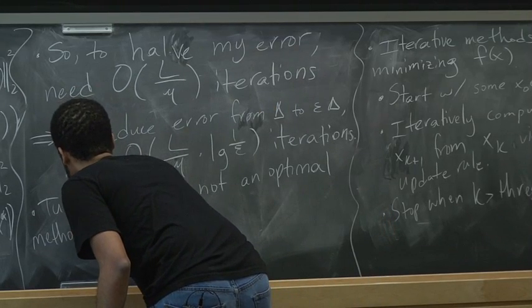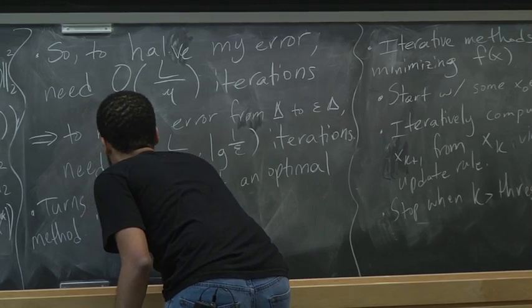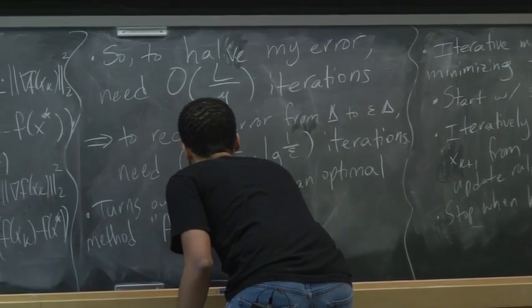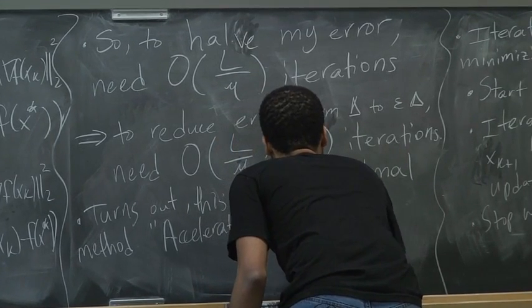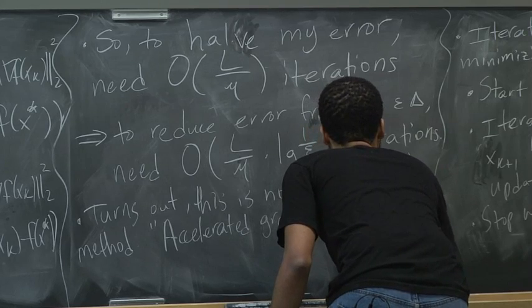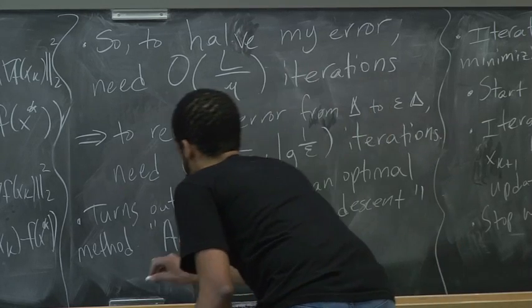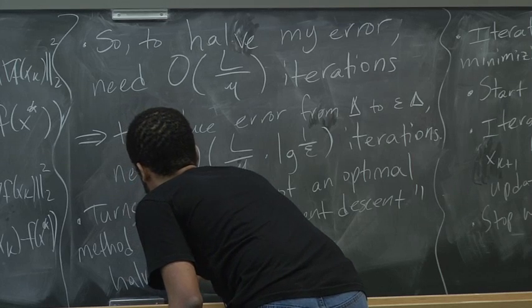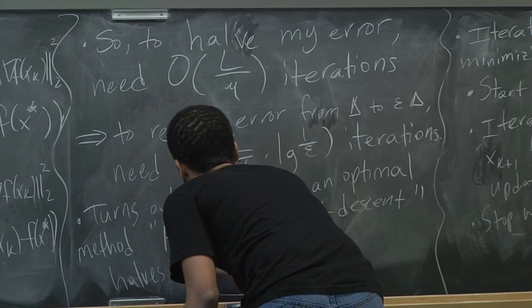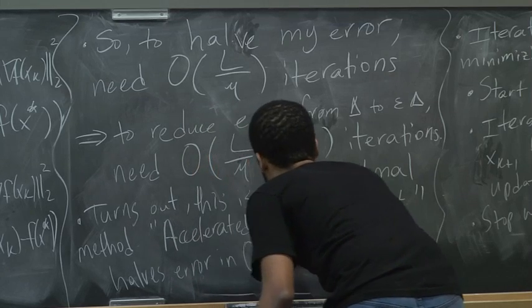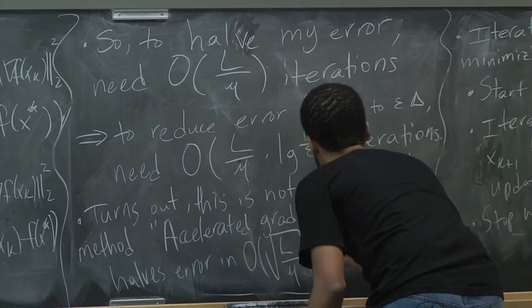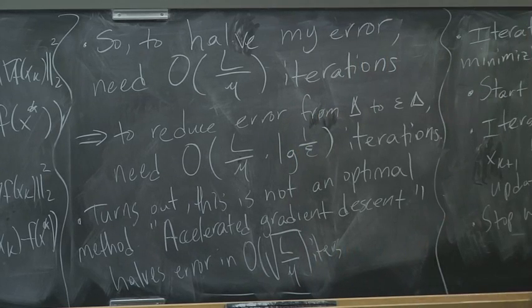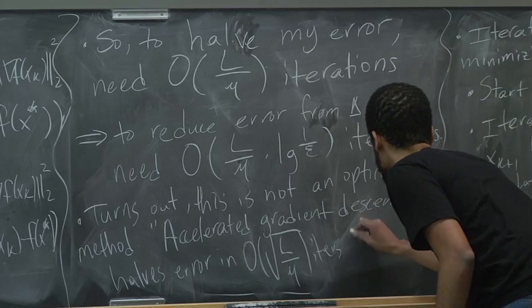There's another method called accelerated gradient descent. It halves error in O of square root of L over mu iterations. And this is due to Nesterov.